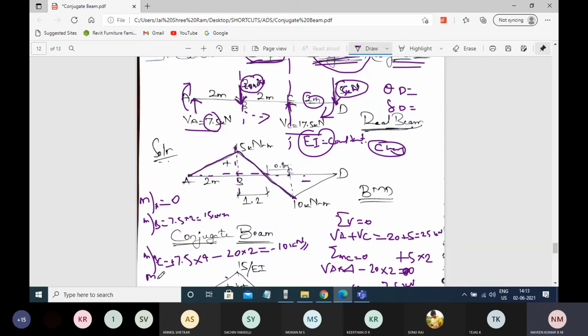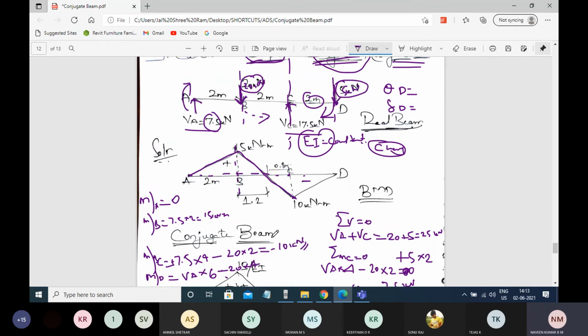So next, moment at D. Similarly, VA is acting, so VA into 6, the perpendicular distance to reach D, and minus of 20 times 4.